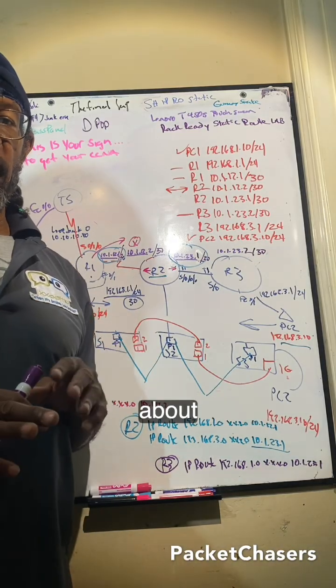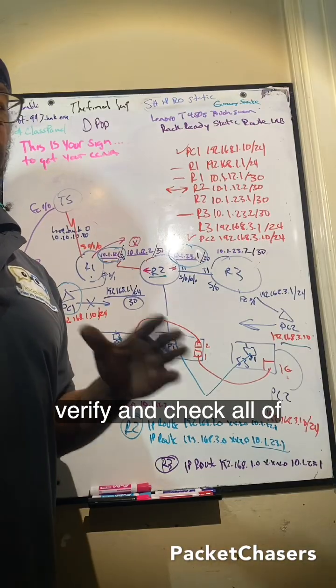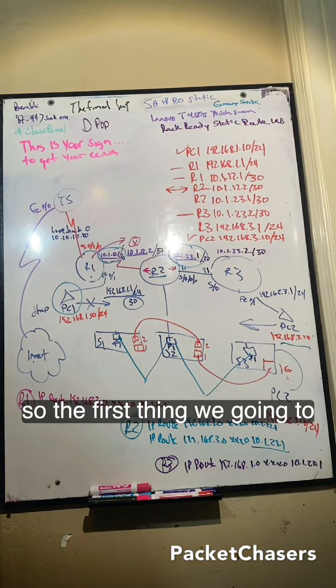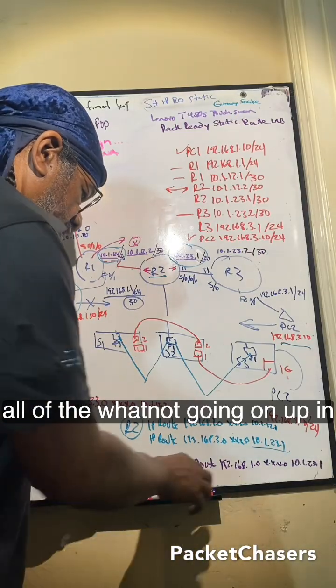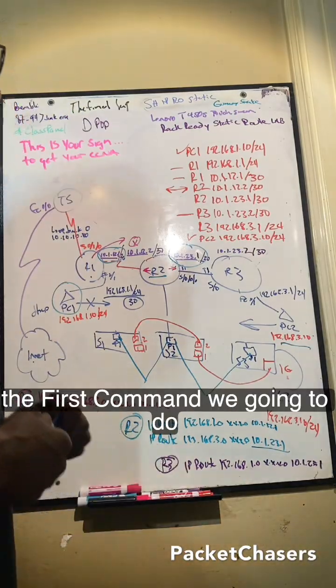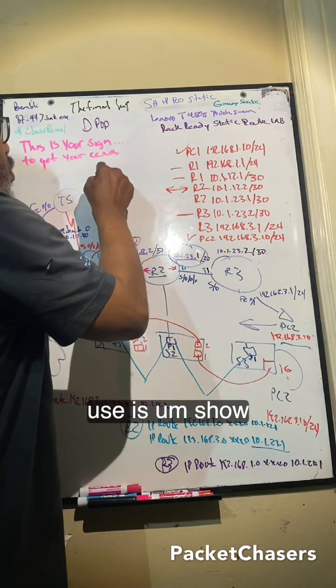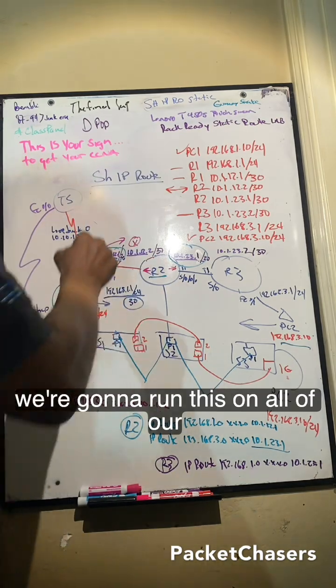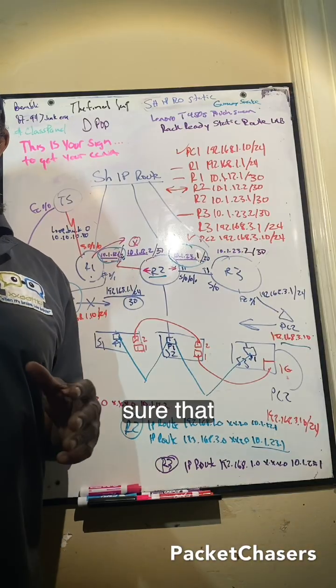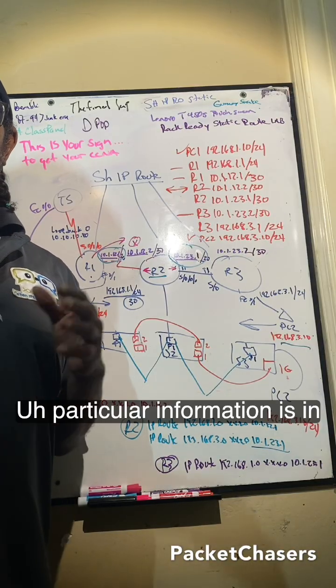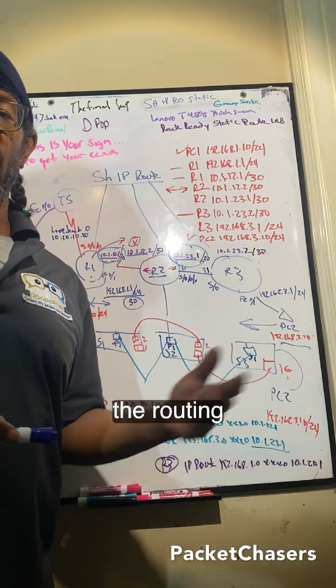Next, we're going to talk about how to verify and check all of this. The first command we're going to use is show ip route. We're going to run this on all of our routers to make sure that information is in the routing table.